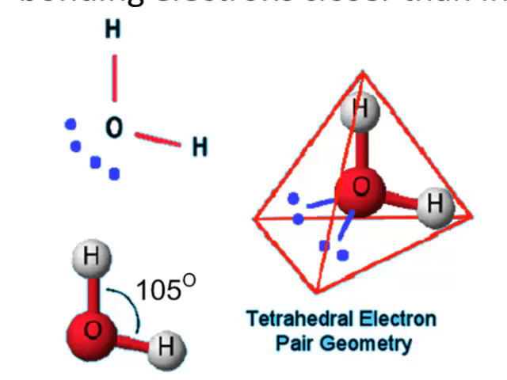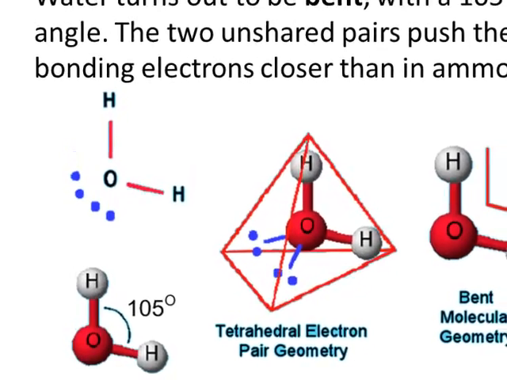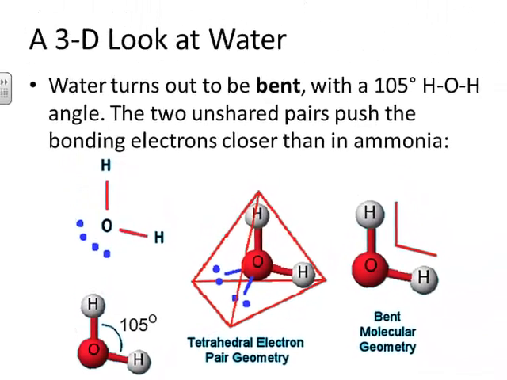And that means that those bonding pairs are going to get pushed closer together. They're not going to be straight out in a linear fashion. And so they get pushed a little bit closer together yet because there's 2 non-bonding pairs, unshared pairs on oxygen. So instead of 109.5 degrees or even 107 degrees, we see it get even closer together yet, and we get down to a 105 degree bond angle as the HOH bond angle.